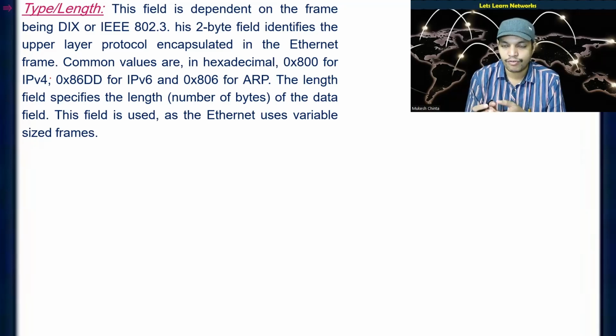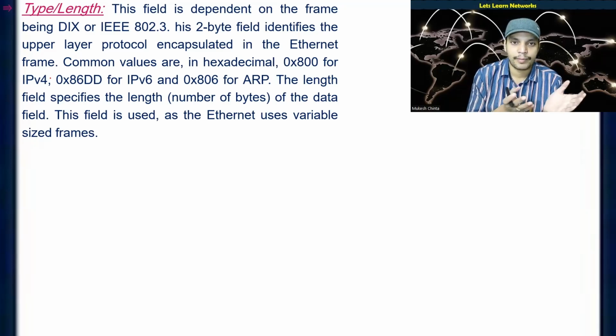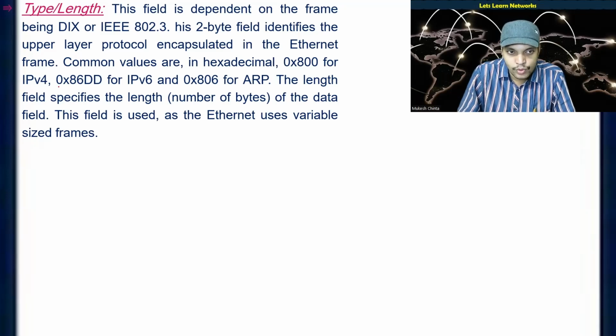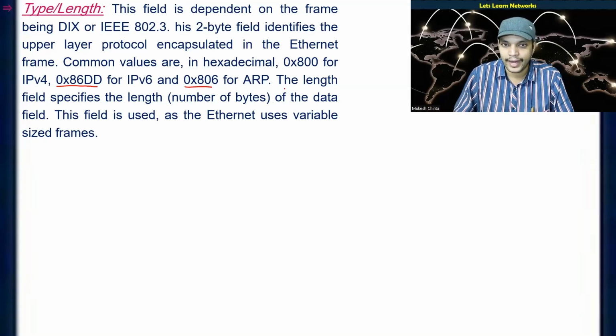So it might be an IPv4 packet, an IPv6 packet, or an ARP packet. Which higher layer protocol this payload should be given to is determined by the type field. Based on the value in the type field, the receiver's data link layer will understand which type of packet it is, what the payload is, and to whom it should forward it.